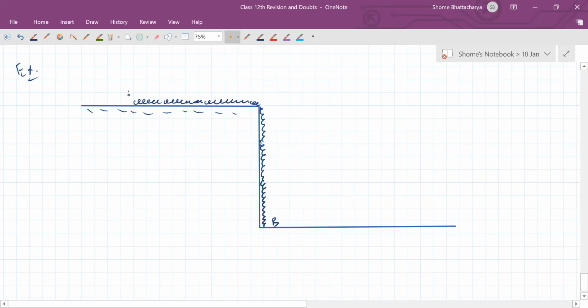Chain AB like this. So this height is h, and the chain has mass m and length L, a uniform thin chain obviously.